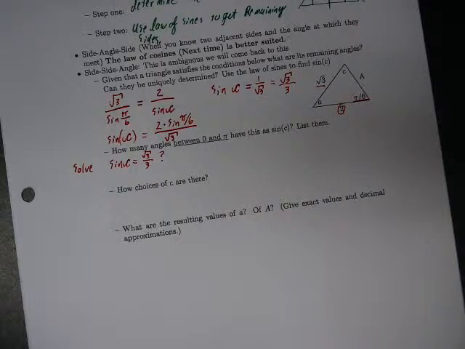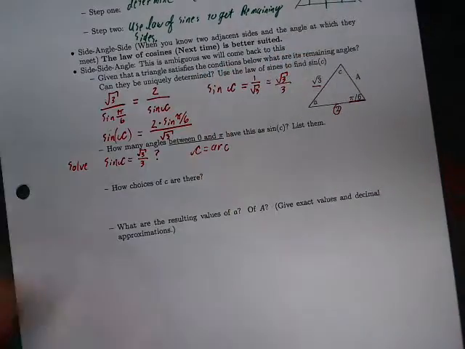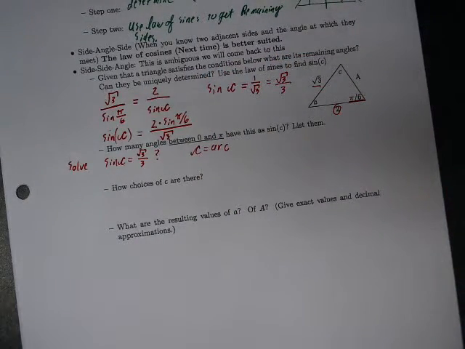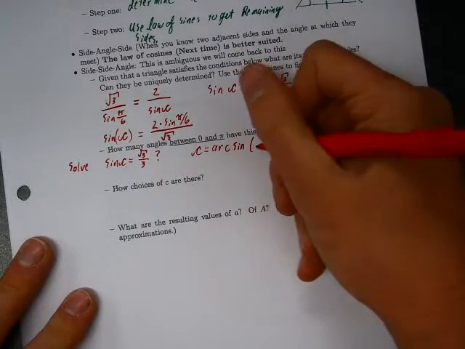But we only want the solutions between 0 and pi. So what's the elementary solution? C equals inverse sine of root 3 over 3. The Google calculator uses the terminology arcsine, so I'm going to use the word arcsine. If you like the word inverse sine, go for it.